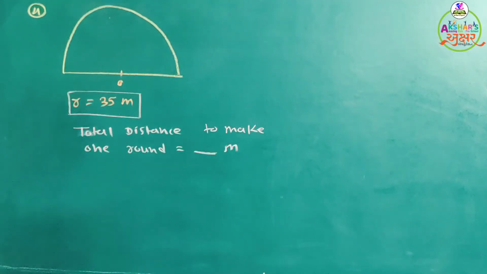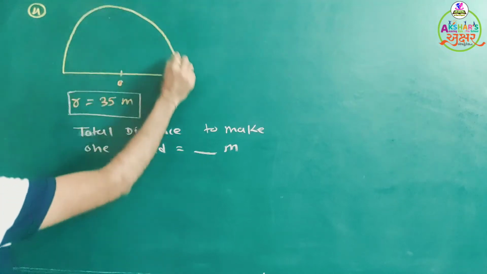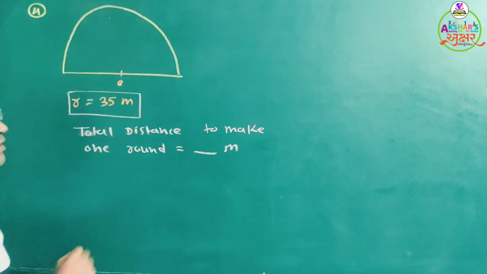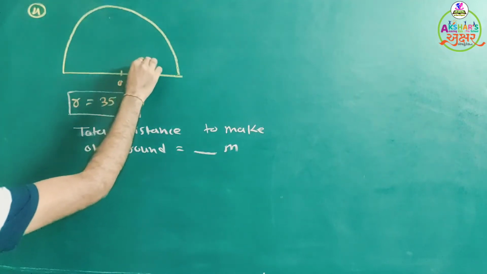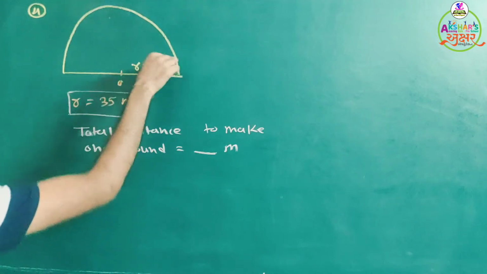If one has to make a complete round around this semicircular ground, he has to walk dash meter. Done. So one semicircle is given, radius of this semicircle is r equal to 35 meter.